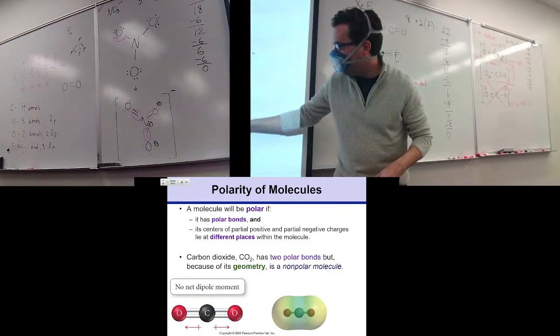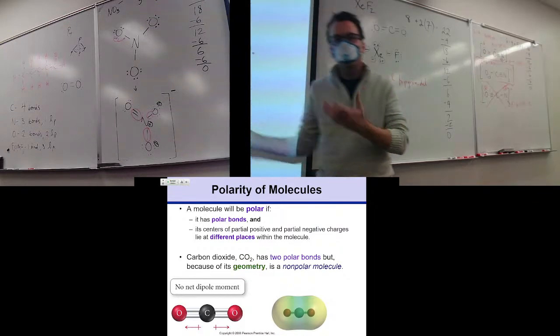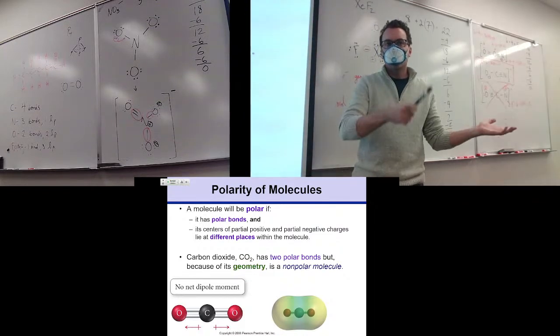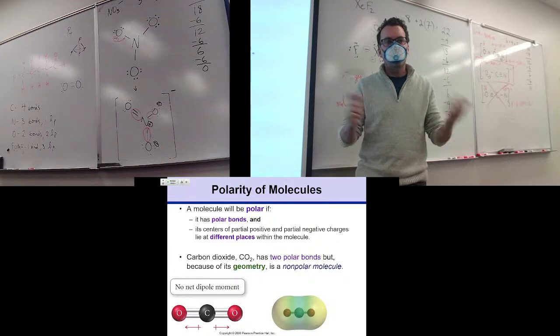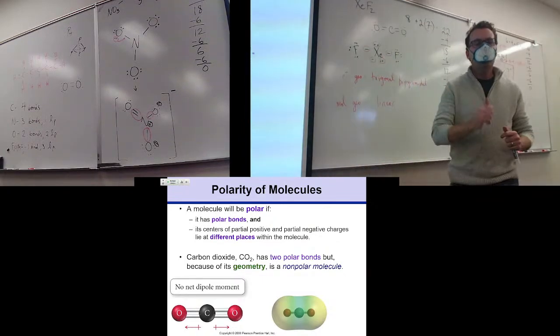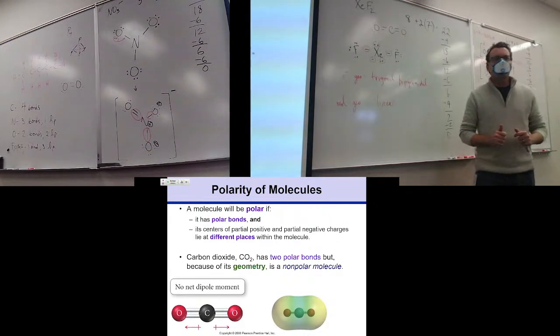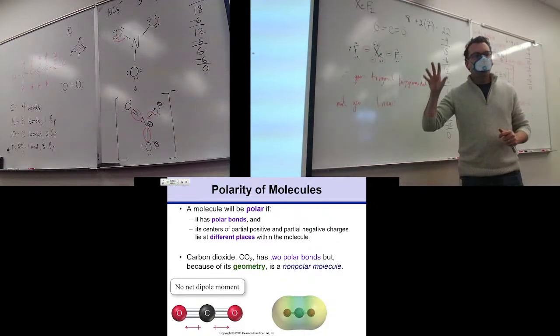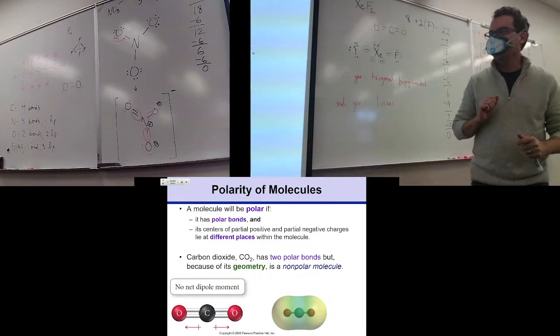Yeah, it's a little bit orangish on the edges, but it's on both sides. It's not greater on one side than the other. So this is a non-polar molecule, despite having polar bonds in it. And it's all because of the geometry, the shape of the molecule. Okay.